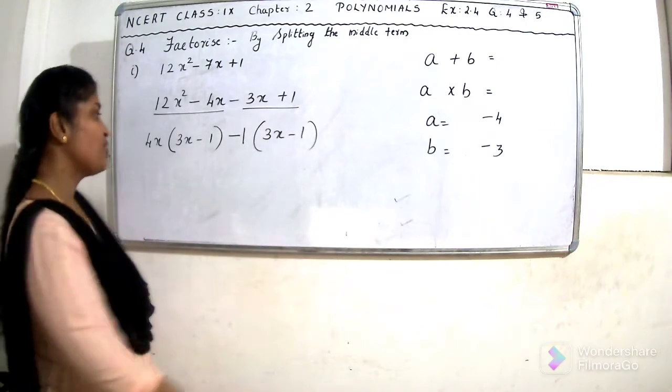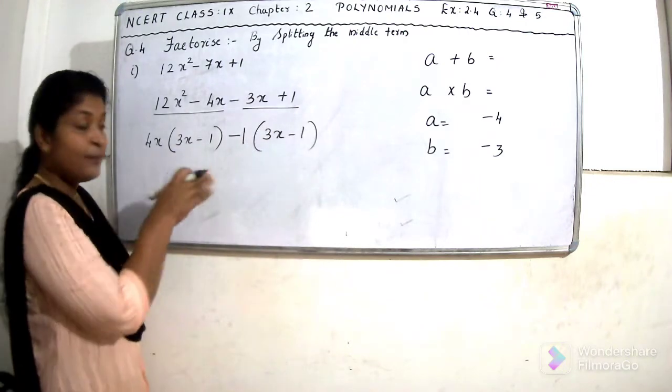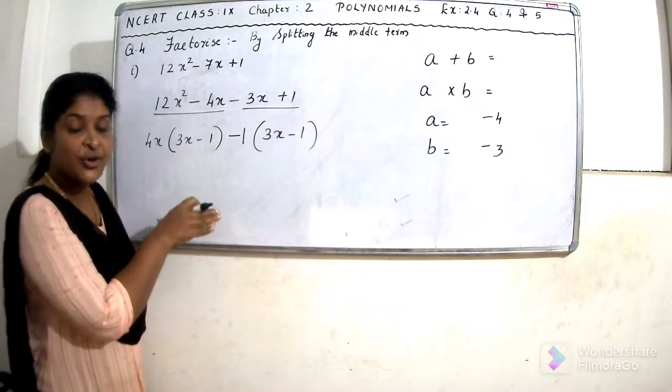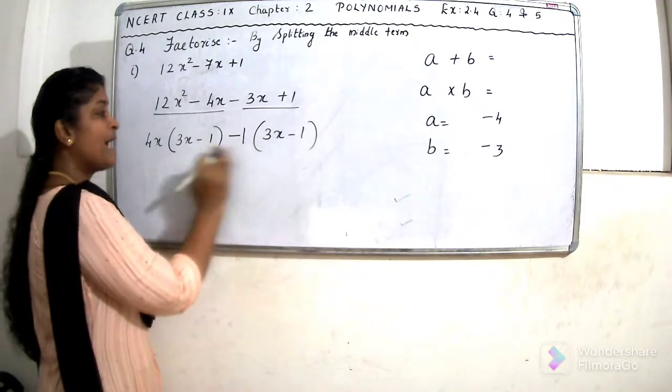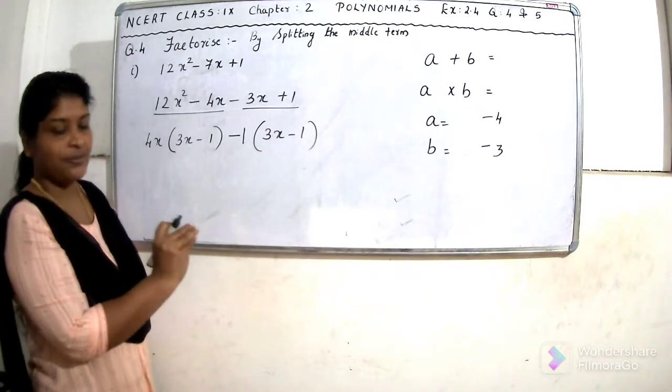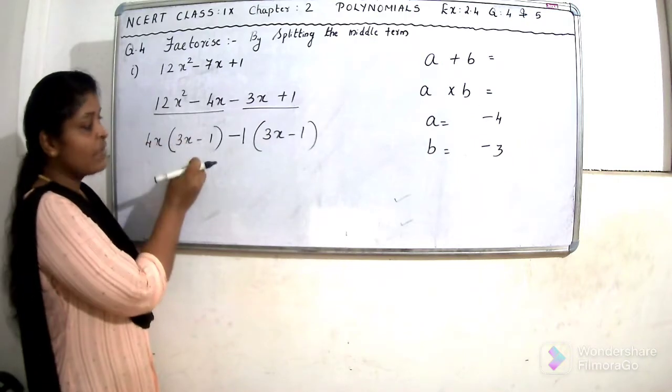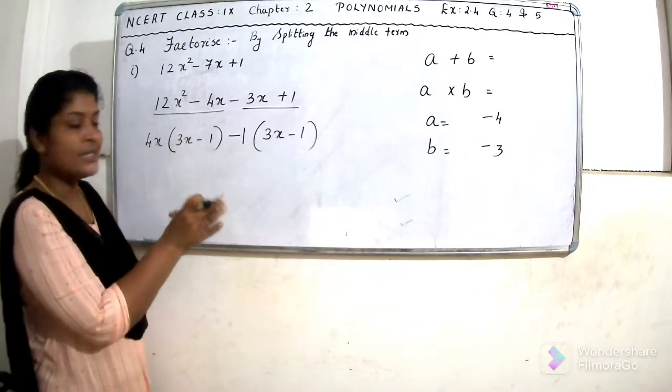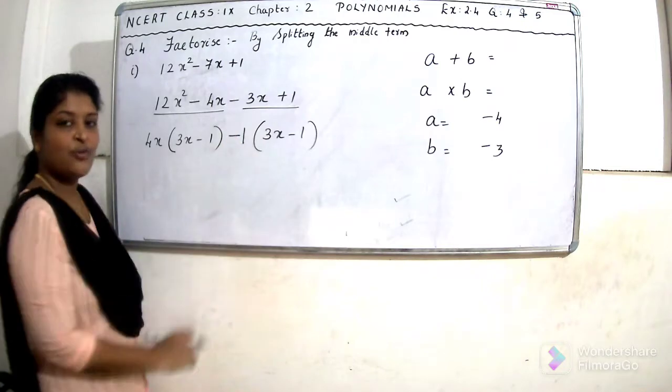It is correct. Okay, now just look. Up to here we did. Is it correct or not? How can we check? Our brackets should be same to same: numbers, variables, sign, everything should be the same. So our process is correct.